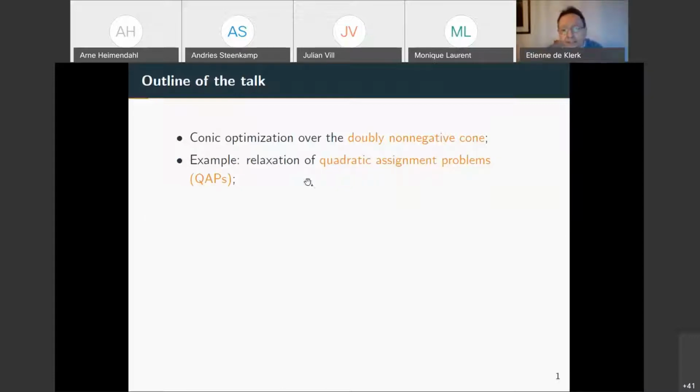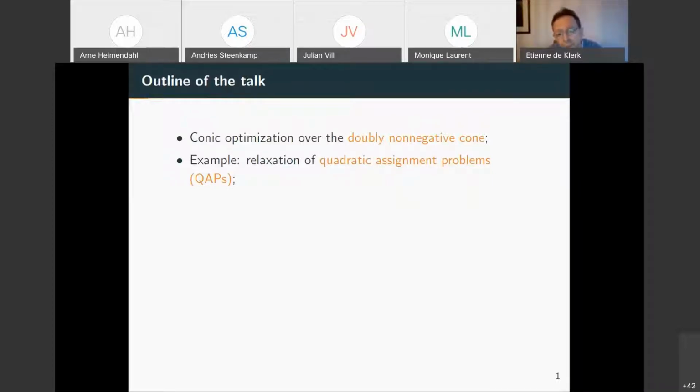Okay, and then these problems appear in many places, and most frequently in conic programming relaxations of combinatorial problems. So we're going to look at an example, which is the relaxation of the quadratic assignment problem. So this is just an example of a combinatorial optimization problem that is notoriously hard to solve.